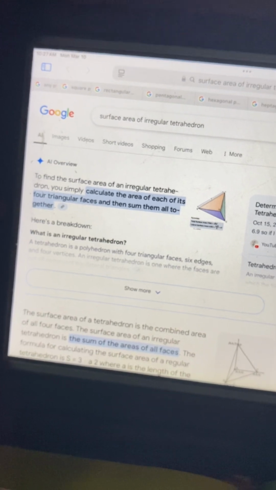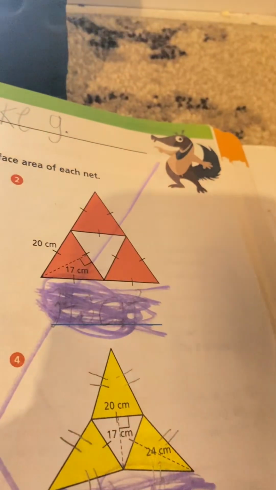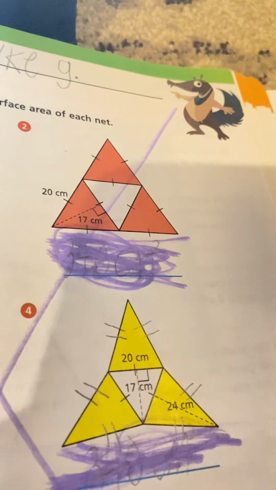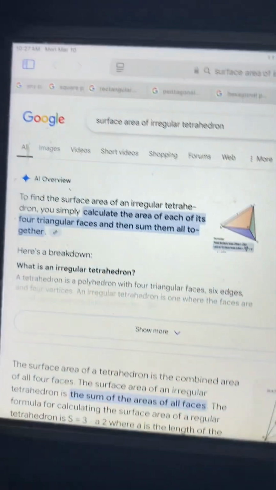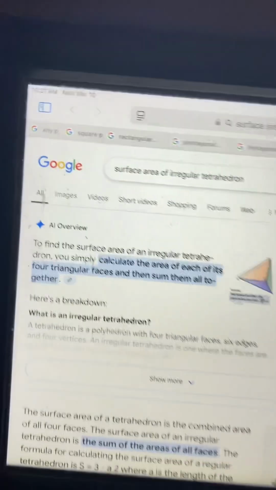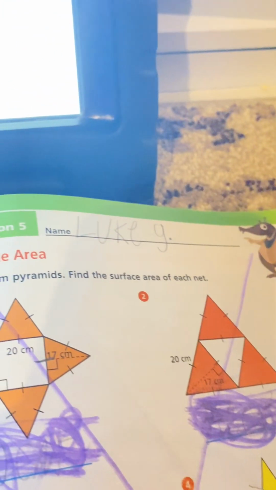So, the only time we should calculate the area of each of its 4 triangular faces and sum them is when we're trying to find the equilateral triangular pyramid net surface area, or the surface area of an irregular tetrahedron. The surface area of a regular tetrahedron is the square root of 3 times a squared. So, yes.